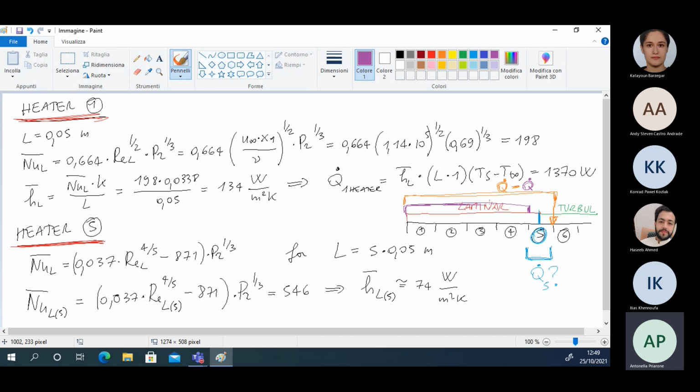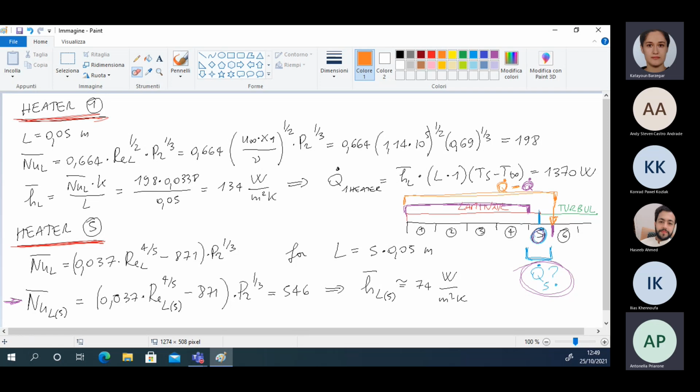So the orange one is up to, including heater 5, minus the transfer rate up to and including heater 4, to obtain only the transfer rate at heater number 5. For the orange heat transfer rate, that is this one.